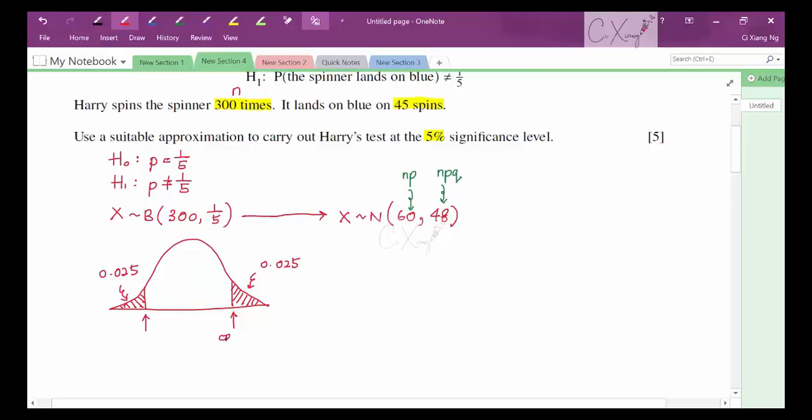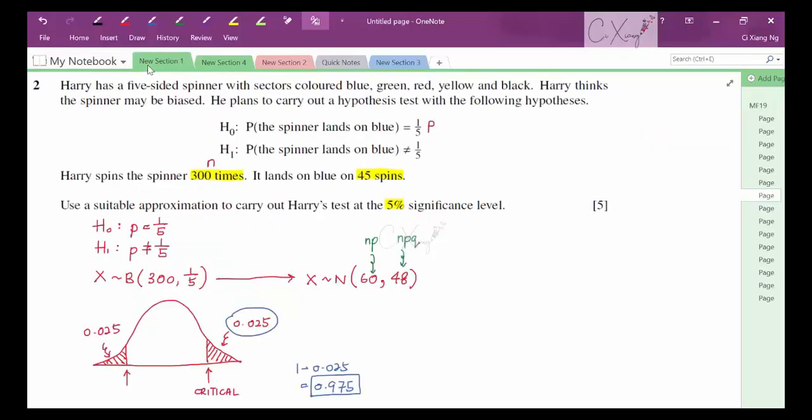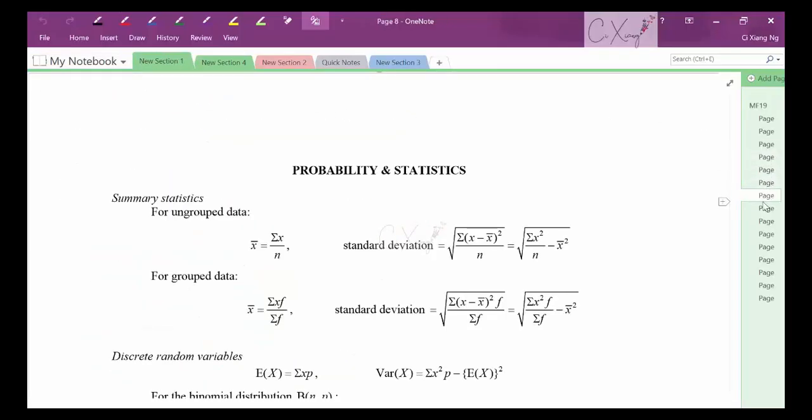To find the critical value, we need to go through the normal distribution table. If I take 1 minus this area, 0.025, I get 0.975. So to get the critical value, we look for the probability of 0.975 in the table.